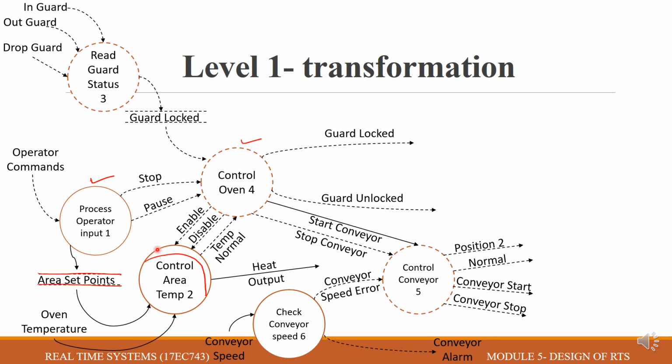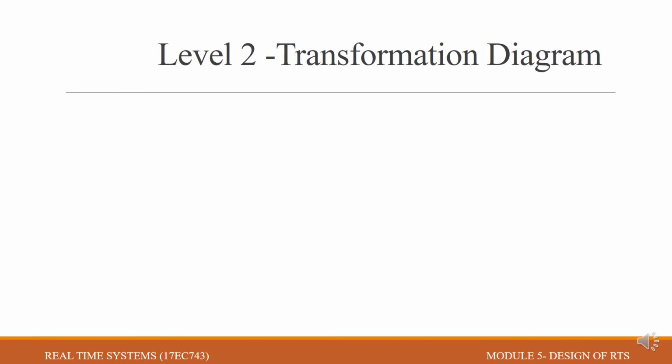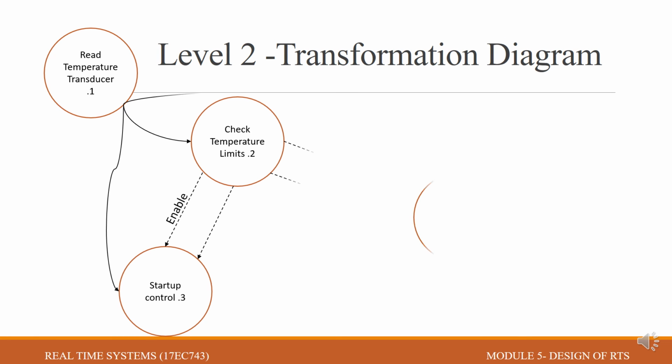As mentioned, when we break up this multiple instance, we will have a set of smaller units, which we call level 2 transformation. Let's look into level 2 transformation. What happens when we expand control area temperature? A level 2 transformation is shown in this figure.